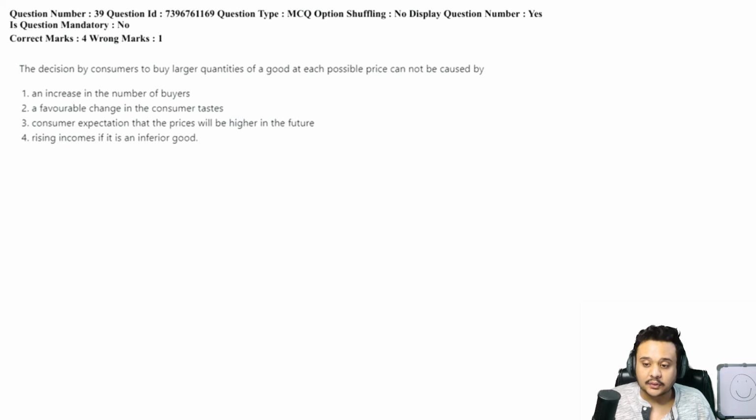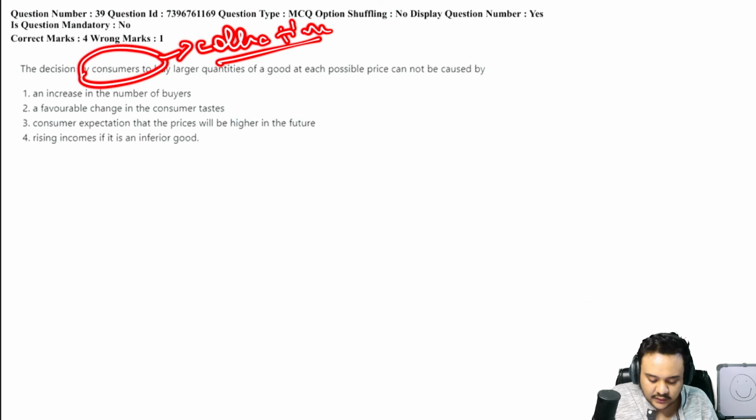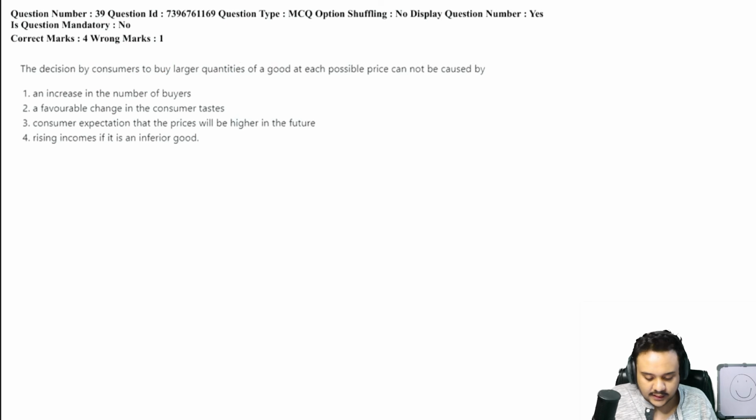Then the 39th question says that the decision by consumers to buy larger quantities of a good at each possible price cannot be caused by. Okay, and the first one says an increase in the number of buyers. We are talking about the consumers as a collective here, not the individual consumers. So yes, if there is a rise in the number of buyers, the consumers will buy larger quantities at each possible price.